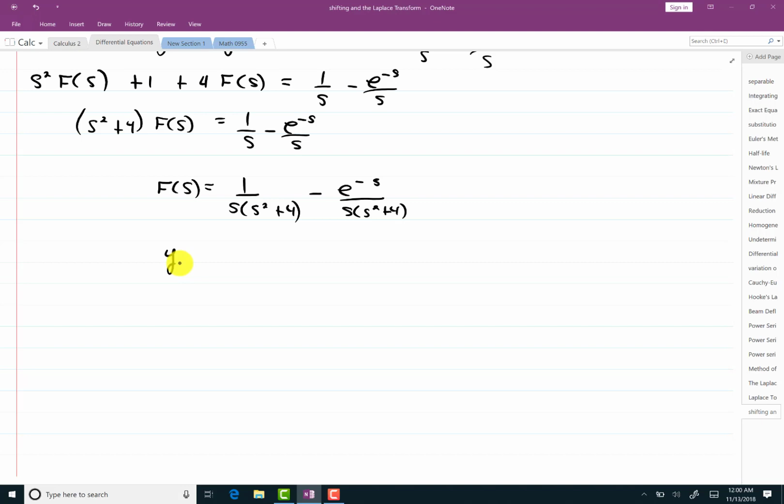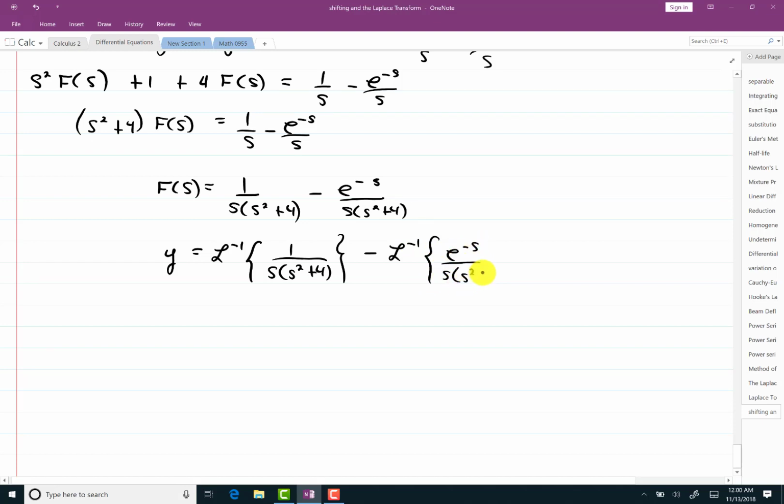So this will be the inverse Laplace of 1 over s times s squared plus 4, minus the inverse Laplace of e to the negative s all over s times s squared plus 4.